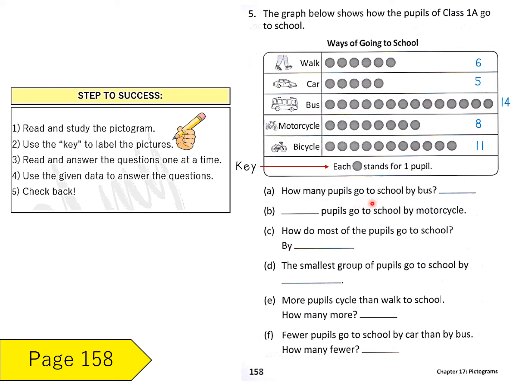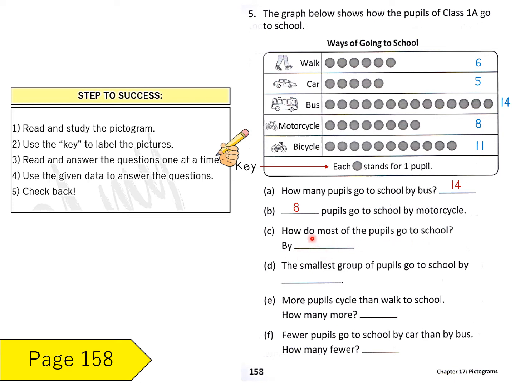So first, how many pupils go to school by bus? So let's take a look at bus. How many pupils? 14. Then B. How many pupils go to school by motorcycle? Motorcycle, how many? 8. C. How do most pupils go to school?